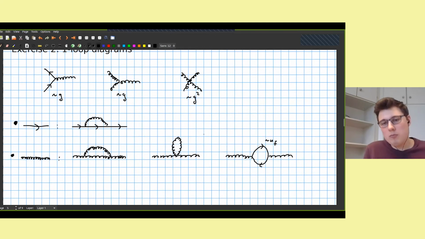So what one almost always does is draw one diagram and just multiply with a factor of NF, where NF stands for the number of active flavors.